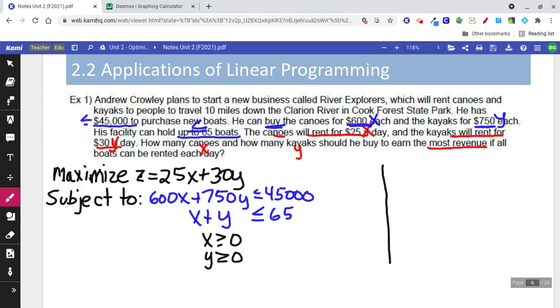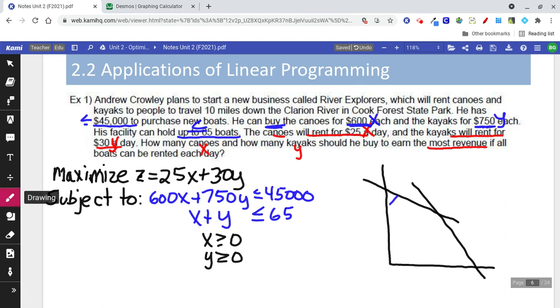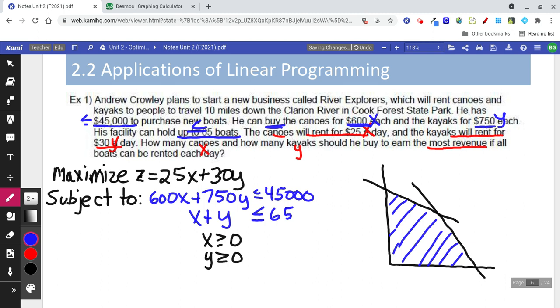So we've got the axis, and we had a line that came through like this, and another line that came through like this. And inside that shape was our feasible region. So color that in. We wanted the corner points. So there's one, there's one, there's one, and there's one.